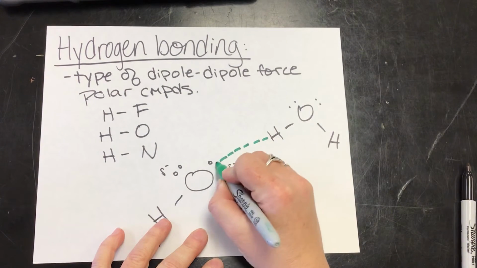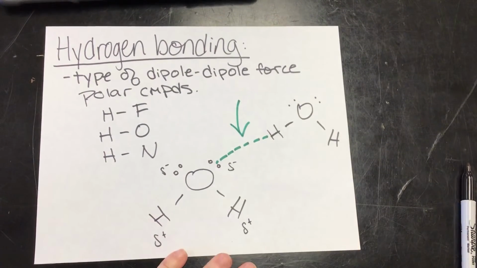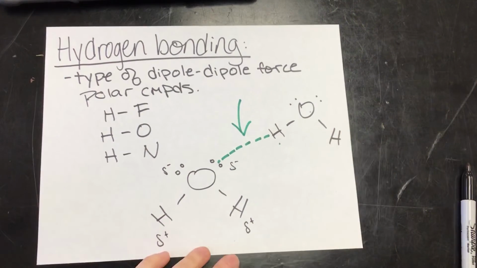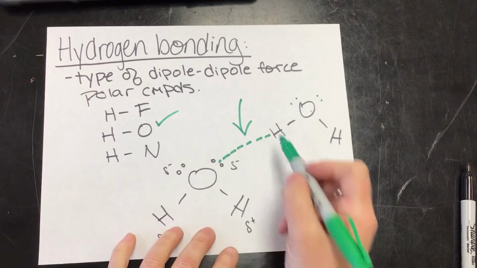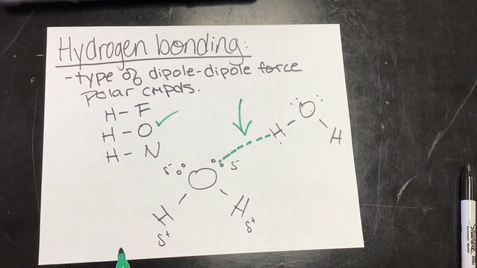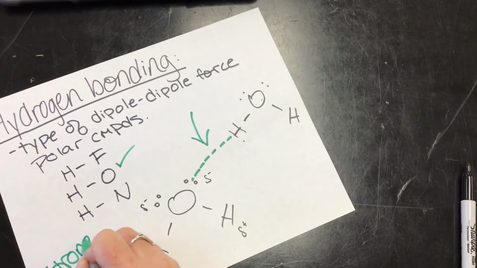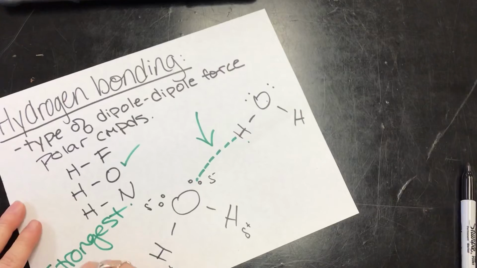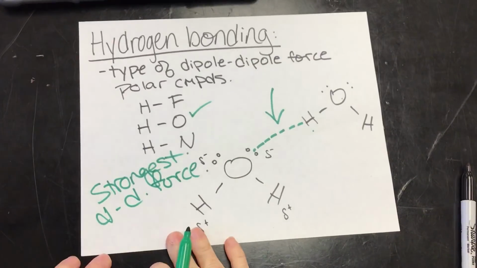So here we have a hydrogen bonding force of attraction that occurs because here there's the hydrogen bonded to an oxygen, which we can check off our little box here, and there's an unshared pair on another molecule. Hydrogen bonding is the strongest dipole-dipole force of attraction.